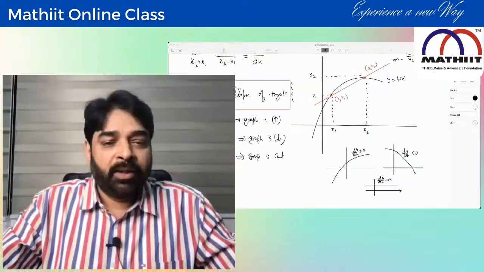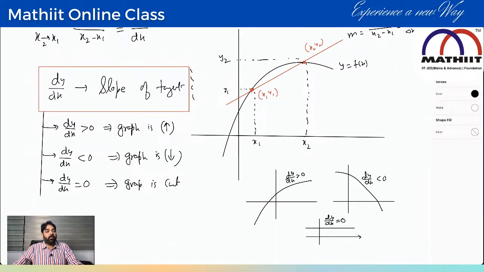Right? So this way we can talk about when dy by dx will be positive, when dy by dx will be negative, and when dy by dx will be 0. Either the graph is given and you can tell dy by dx, or dy by dx is given and you can tell the graph.